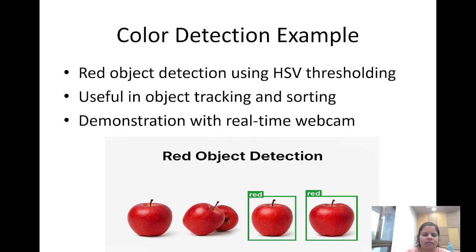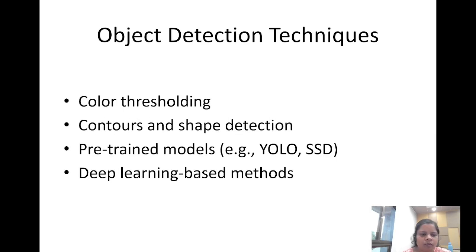All right, now object detection can be done using simple thresholding or more advanced methods. Basic methods include color filtering and contour detection, using cv2.findContours is one of the commands.